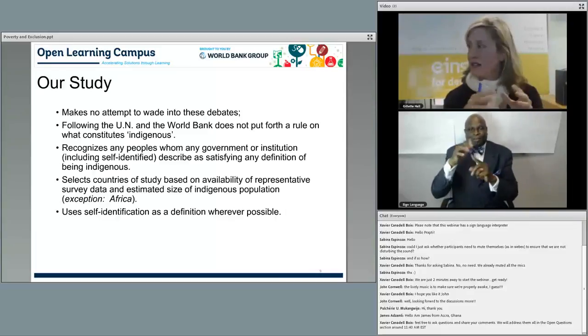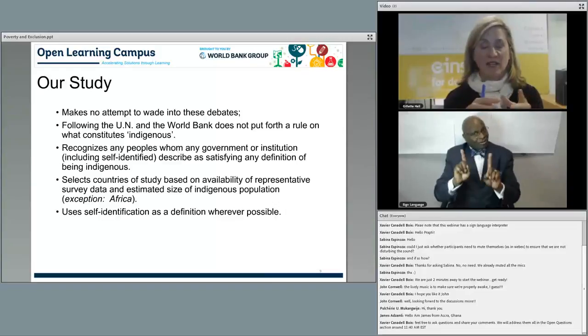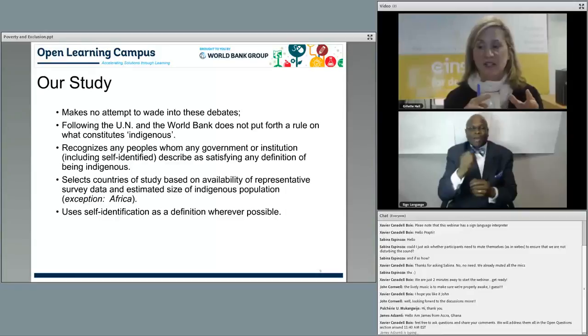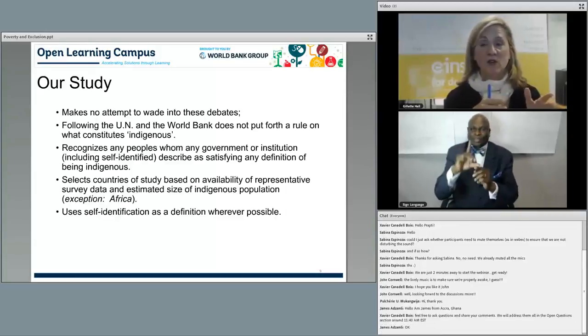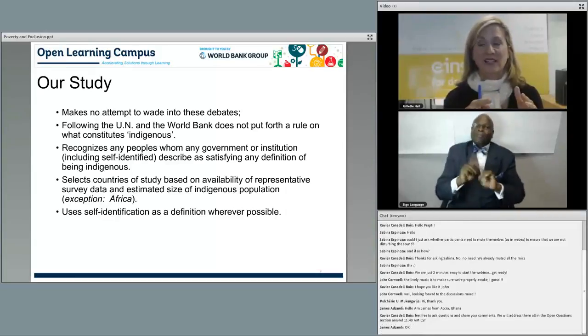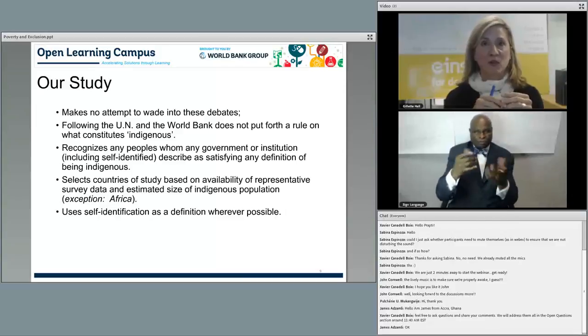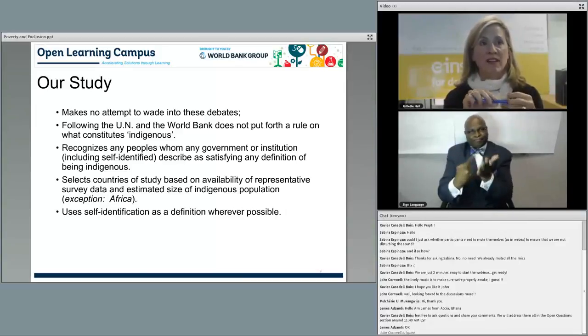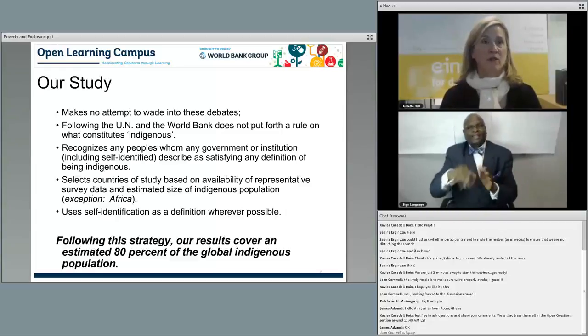The exception there, again, is Africa, because there are a lot of groups in Africa that many would recognize as Indigenous, where there is data that we could use, but it is highly contentious. And so we steered clear of some of those. We use self-identification as a definition wherever possible.